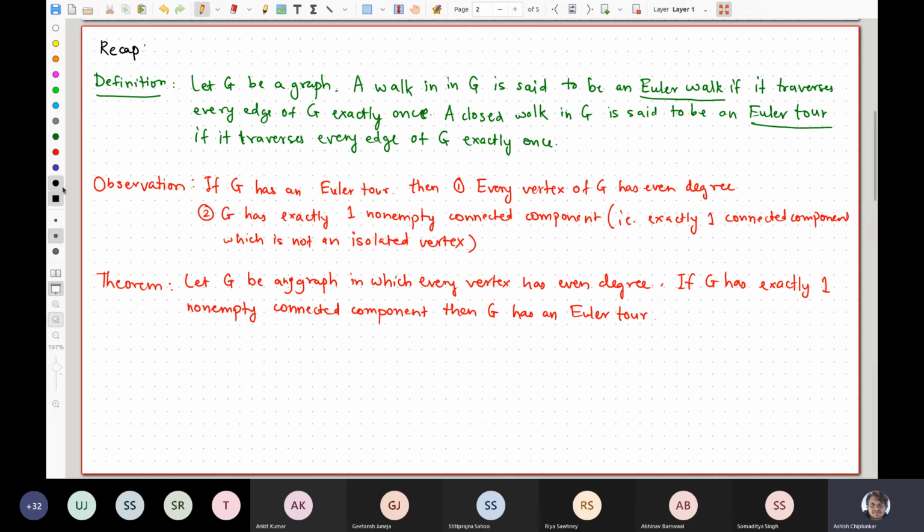Okay, so now a question which I'll leave for you to think about, and which I've also added to the tutorial, is the following. When does a graph G have an Euler walk?